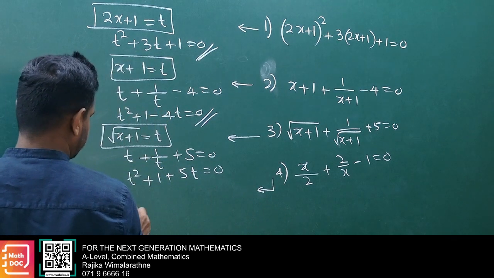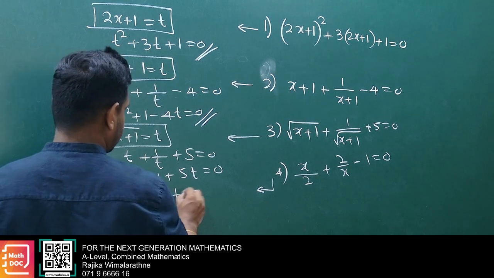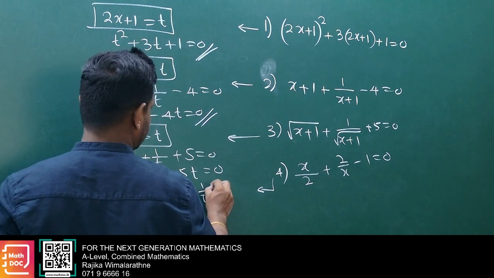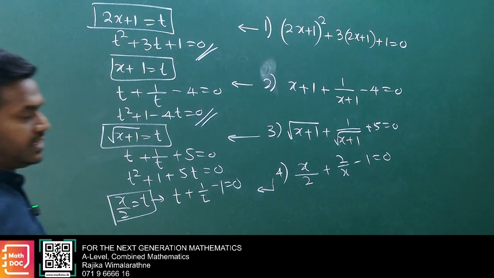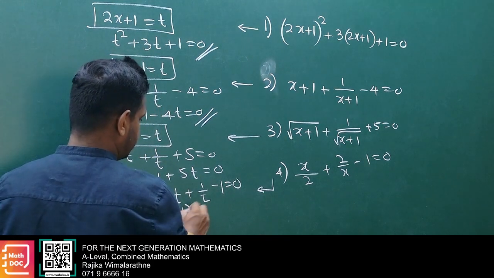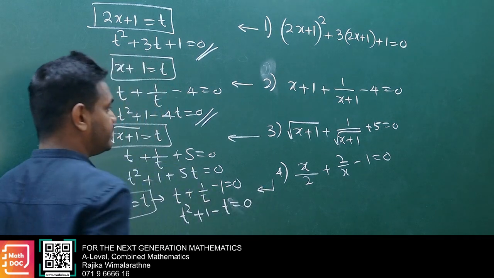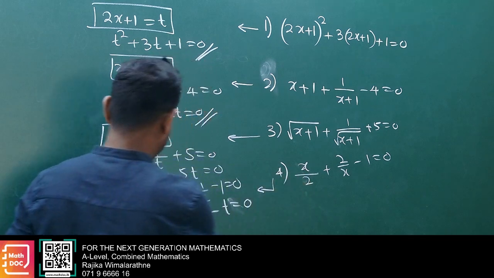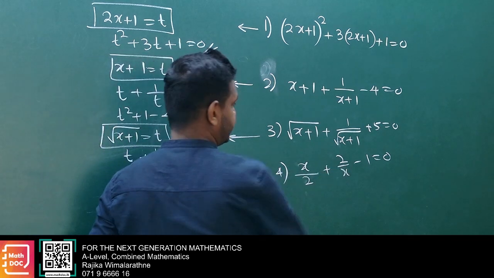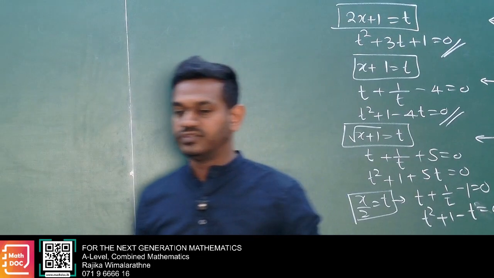Here x over 2 equals t, then t plus 1 over t minus 1 equals 0. Okay, then multiply by t: t squared plus 1 minus t equals 0. Here x over 2 equals t, and 2 over x is 1 over t, no? Okay, let's do further. You do alone.